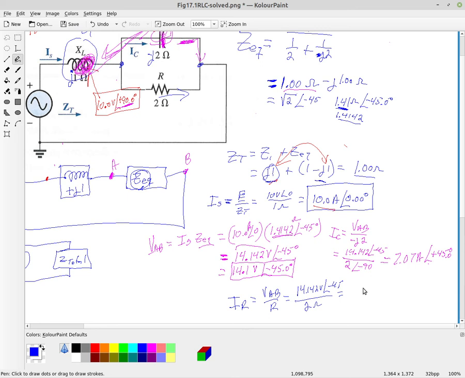So the current is going to be 7.07 amperes at an angle of minus 45 degrees. So the current coming down through the resistor is 7.07 amperes at an angle of minus 45 degrees, but the current going through the capacitor is 7.07 amperes at an angle of plus 45 degrees.